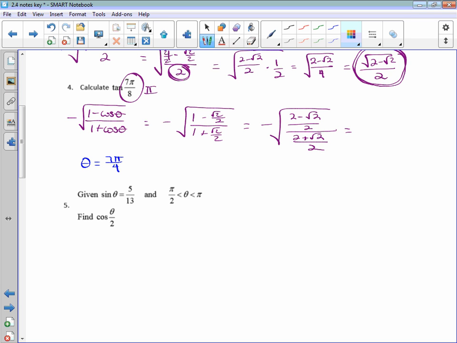Okay, I'm going to jump to this step, see if you're okay with it. You're not going to have to rationalize when it's a square root under another square root. Okay. Because it's pretty ugly to do that. All right. Questions?